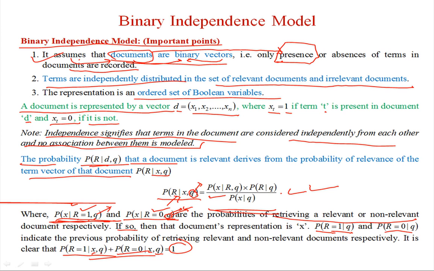So this is the binary independence model which supports the calculation of the IDF part of BM25, meaning how we can take multiple query words for calculation of the IDF.